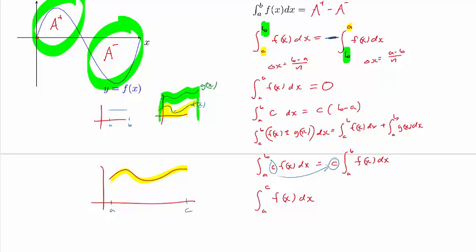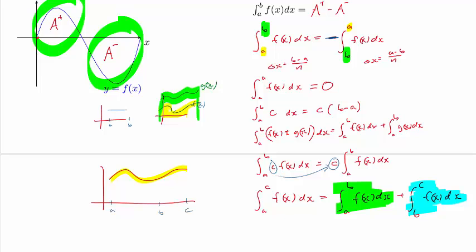And let's say we've got some point in between them, and we'll call that point b. Well, then I can go ahead and break this up to where it's from a to b of f of x dx plus the integral from b to c of f of x dx. And so a big reason that this is the case, this will be one area, this will be the other area.